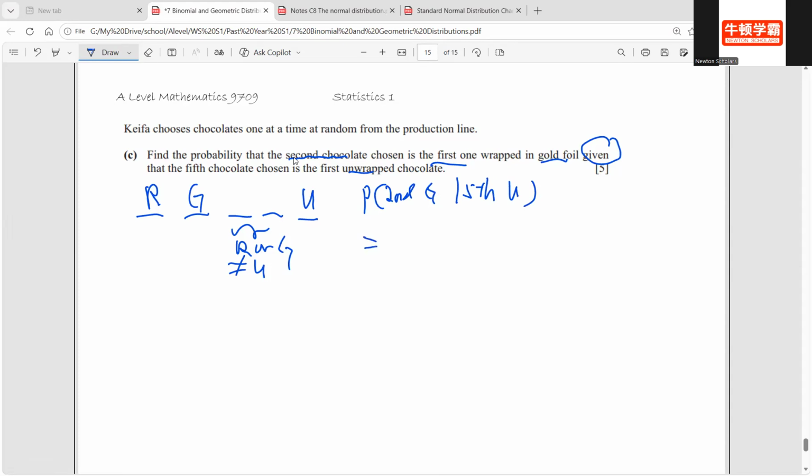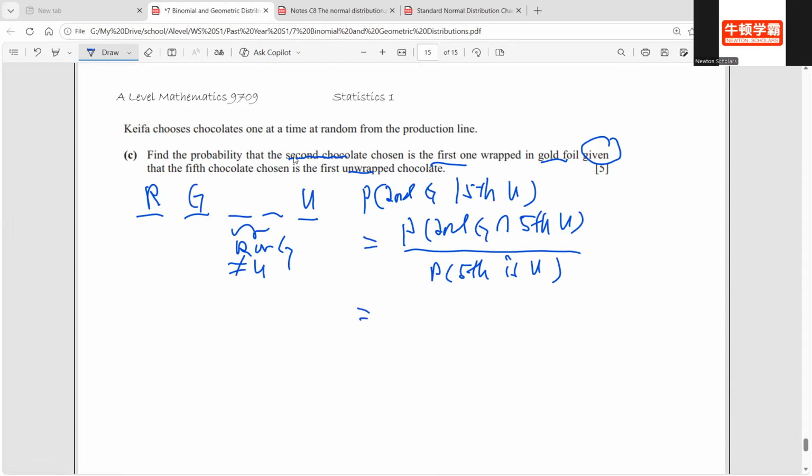When I write this, I have to find the probability that the second is gold intersect with the fifth is unwrapped, over the probability that the fifth is unwrapped.